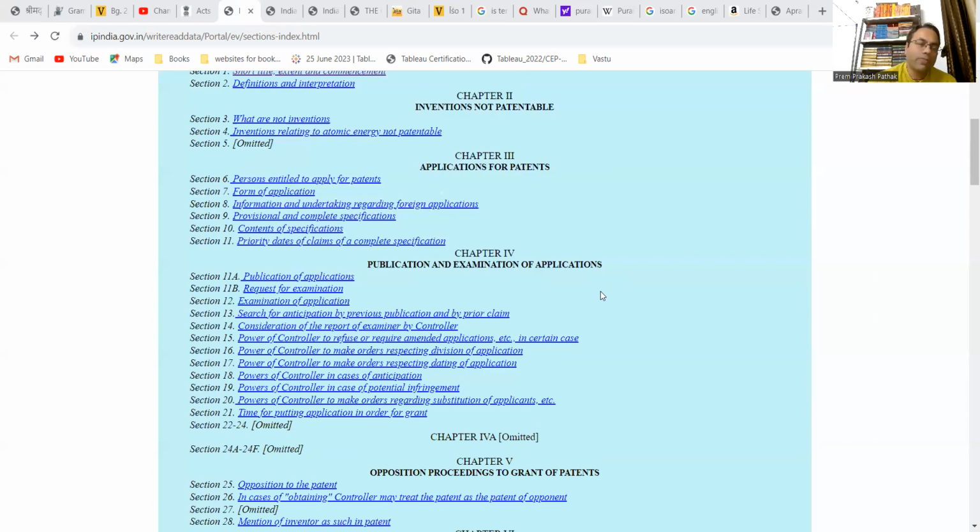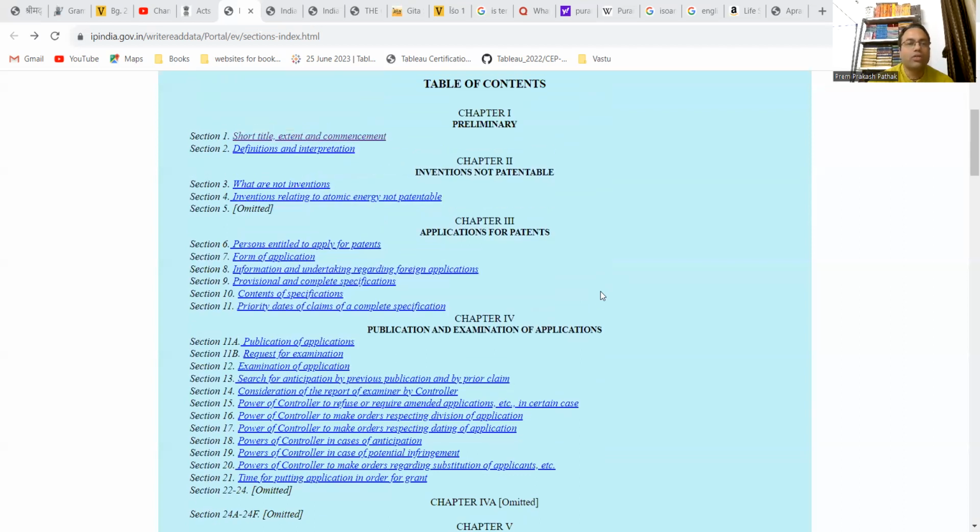So these are sequentially and logically arranged. When you start, the first thing is that we need to know the definitions, then what is not an invention, and who are the persons entitled to apply for patents, then form of application, then Section 8, information and undertaking regarding foreign applications.